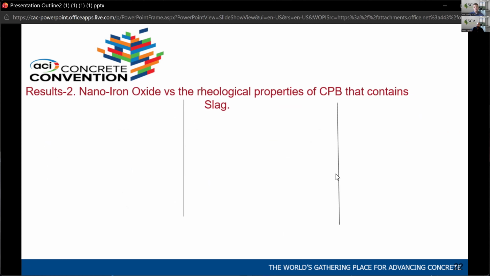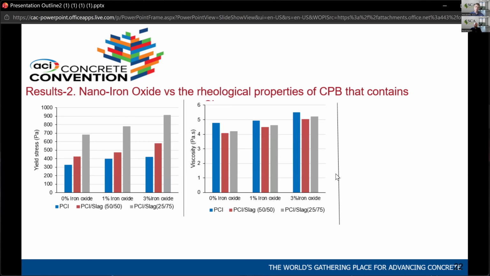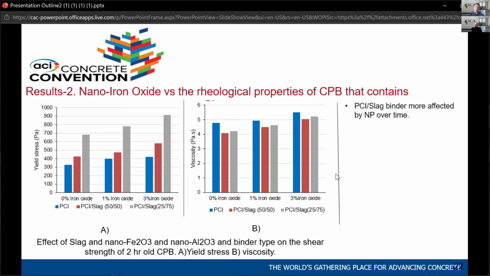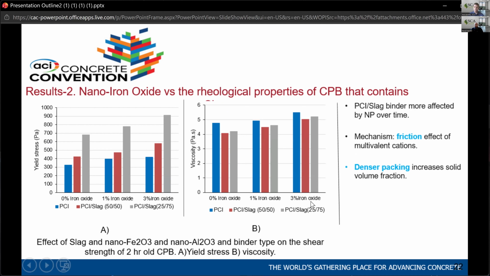Nano iron oxide versus the properties of the paste, in comparison all together. So this slag binder is more slag cement binder. These are comparing the samples with slag right now. This slag binder is more affected by nanoparticles over time.